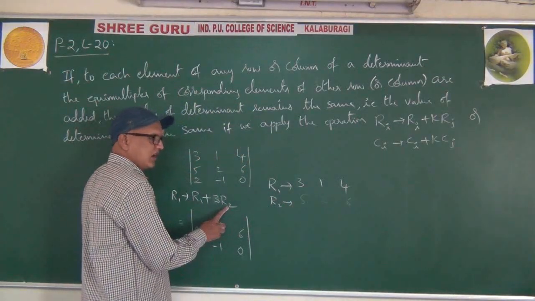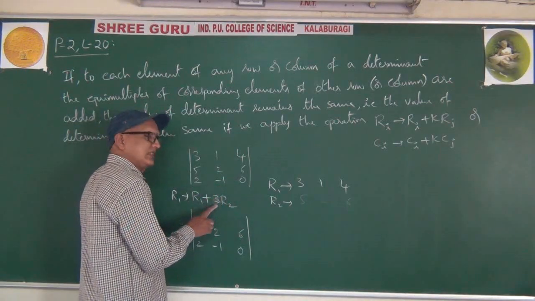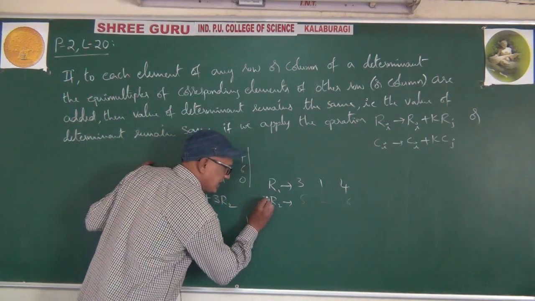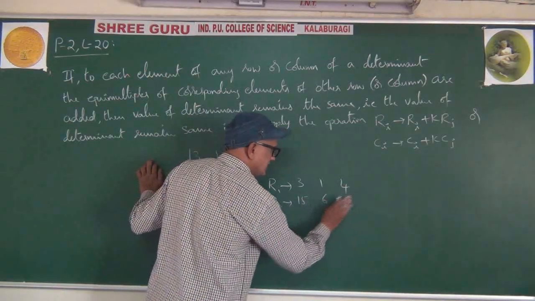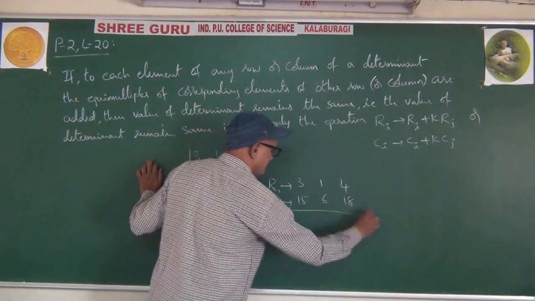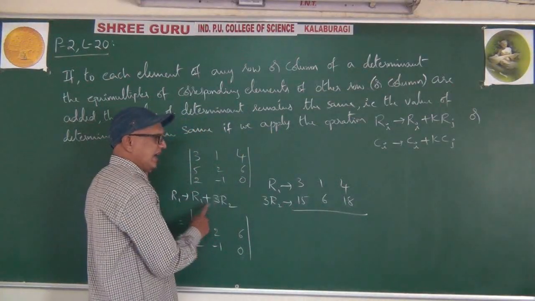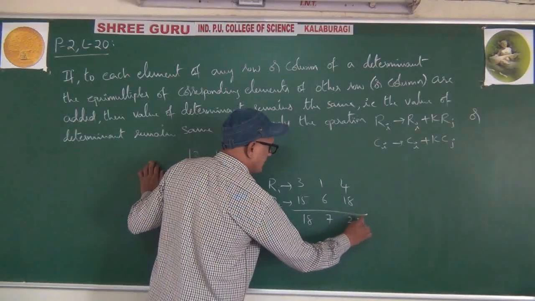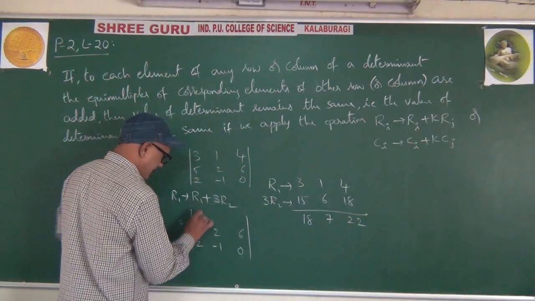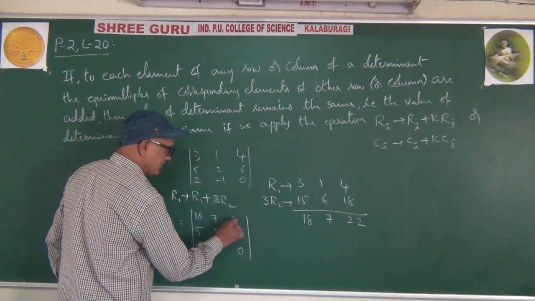We don't want R2, we want 3 R2. 3 5s are 15, 3 2s are 6, 3 6s are 18. Adding: 3 plus 15, 18. 1 plus 6, 7. 4 plus 18, 22.